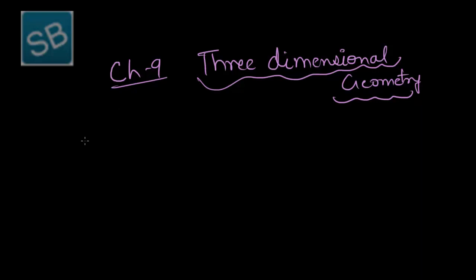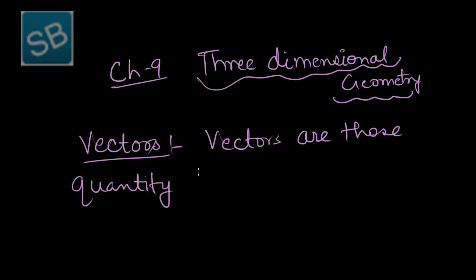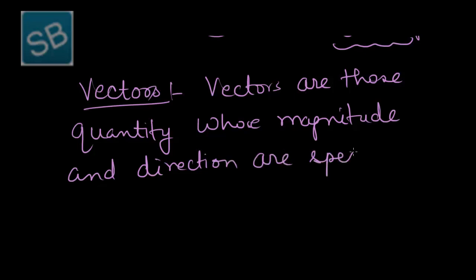So vectors, we are going to define, vectors are those quantities whose magnitude and direction are specified. That is a quantity whose magnitude as well as direction are both known.